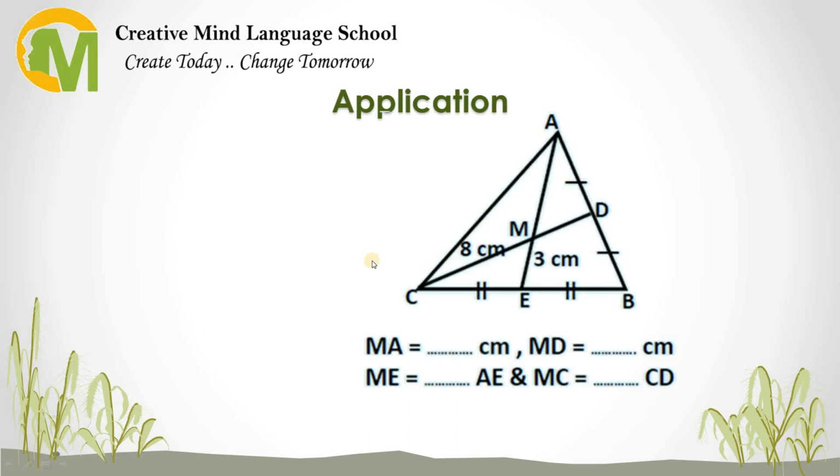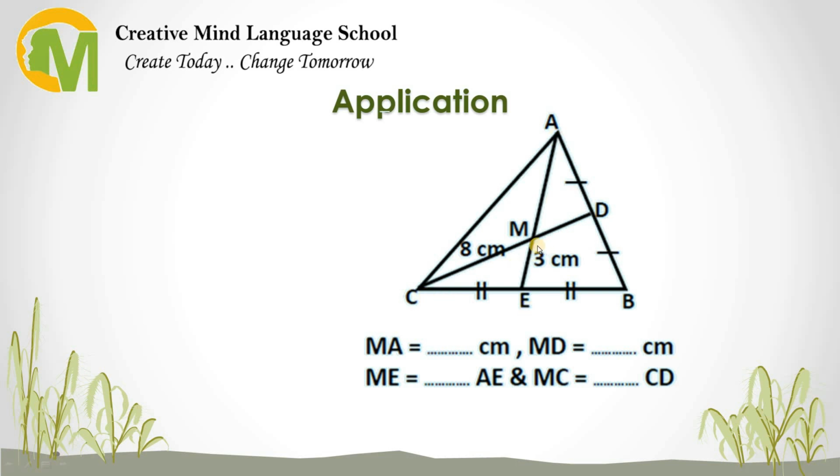Now let's apply the rules of the median on this exercise. First, let's pick up together the given information from the drawing. We here have AE, a median in the triangle ABC, because E is the midpoint of BC and A is a vertex. Also, we have CD, a median in the triangle ABC, because C is a vertex and D is a midpoint on AB.